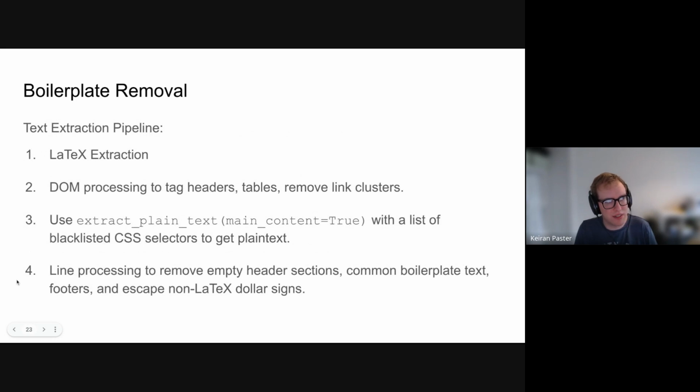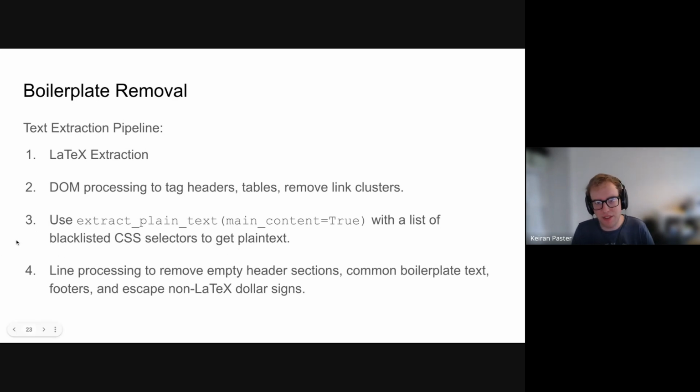At a high level, our text extraction pipeline looks as follows. We have LaTeX extraction, where we go through around a dozen different ways LaTeX can appear and extract the equations into plain text, into LaTeX, and tag them. We have this DOM processing to tag headers and tables, and remove linked clusters. Then we use the extract plain text method from Mozilla parse to extract the plain text with this list of blacklisted CSS selectors.